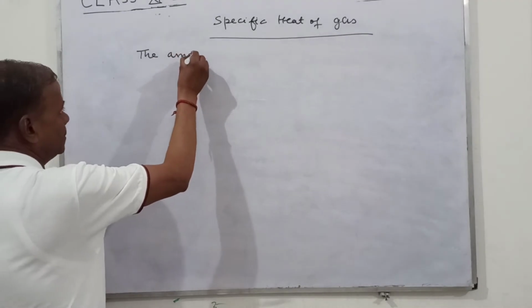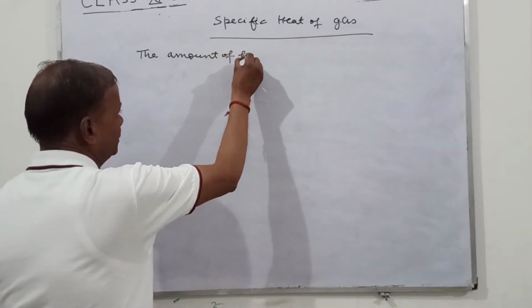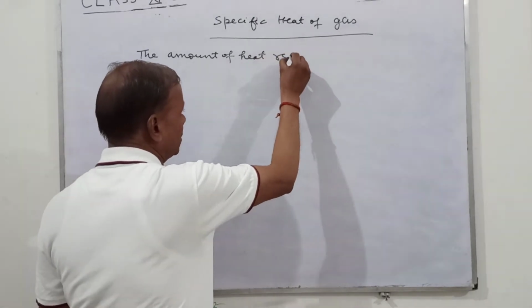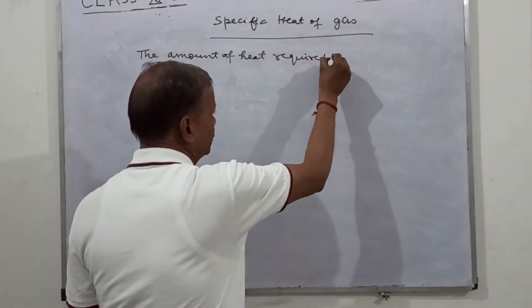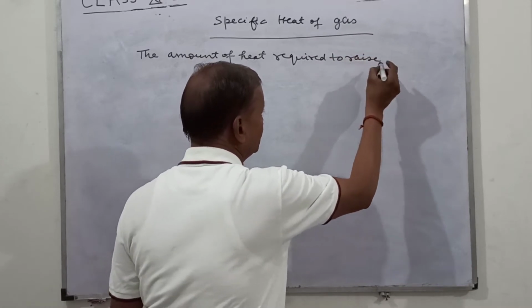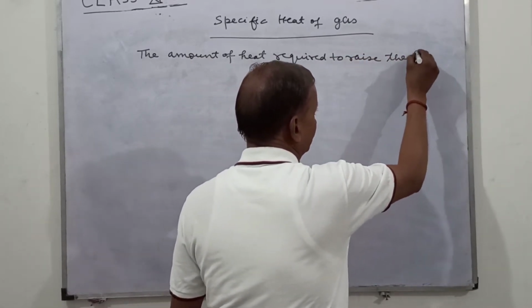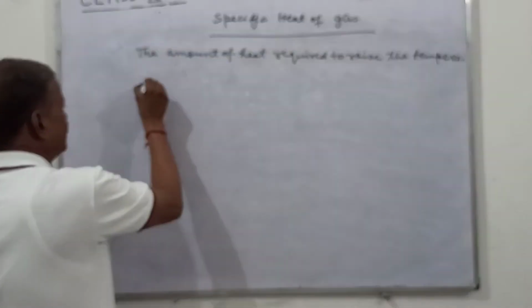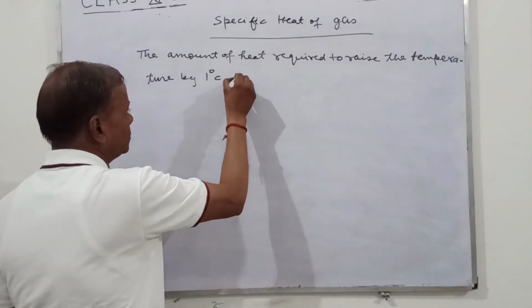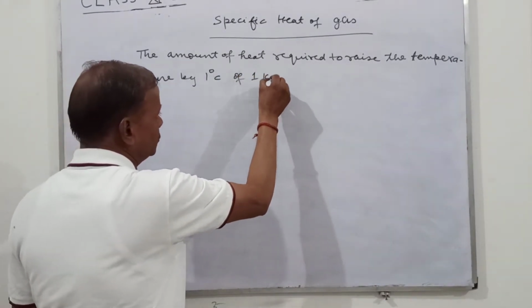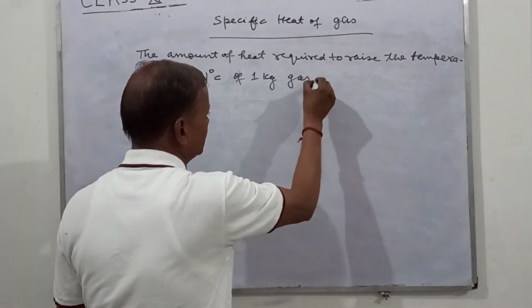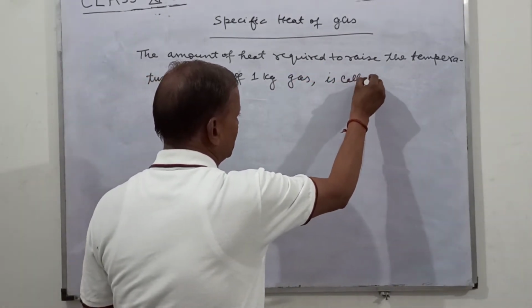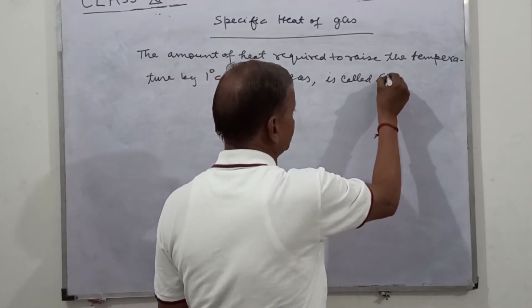The amount of heat required to raise the temperature by 1 degree Celsius of 1 kg gas is called specific heat.